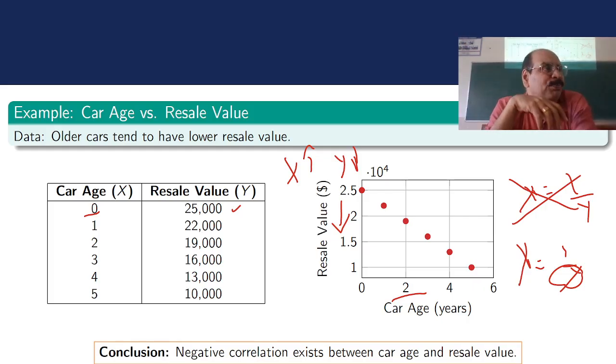Obviously, as family income increases, the banks will be happier to give you more loans. So it should be a positive correlation. The more income you have, the more people are ready to lend to you because they are confident of getting it repaid.